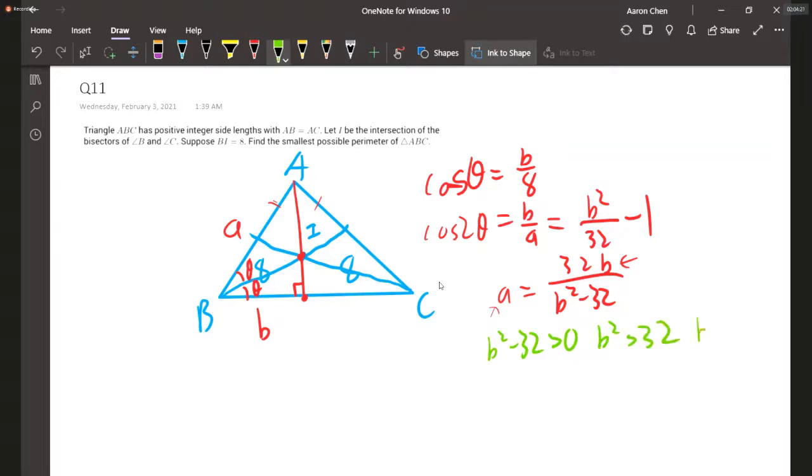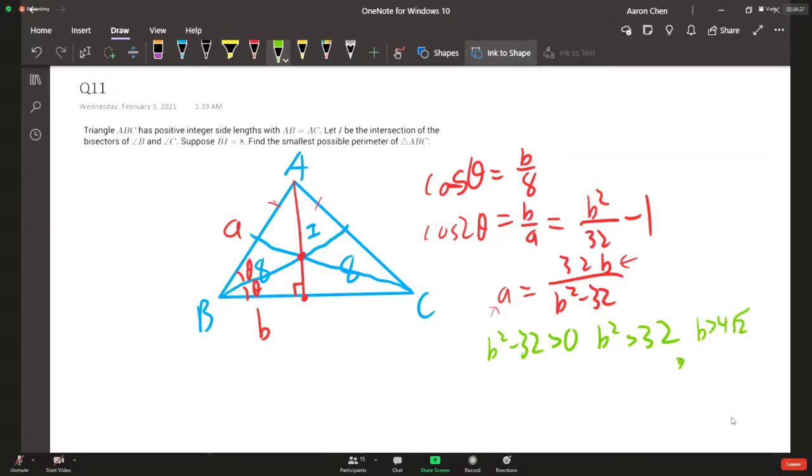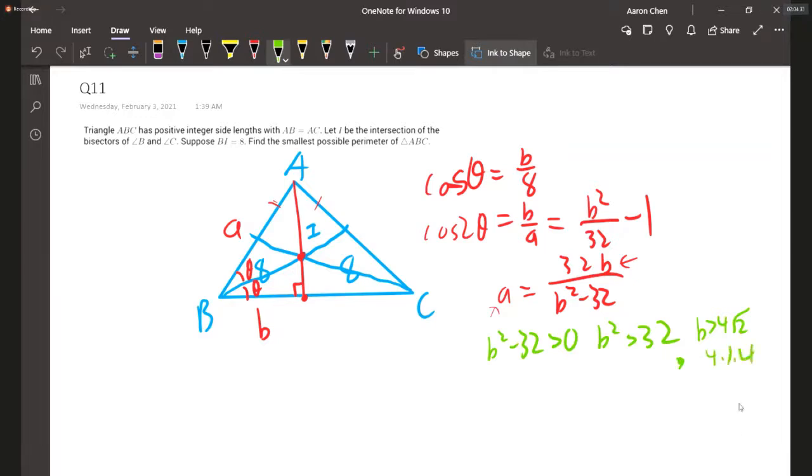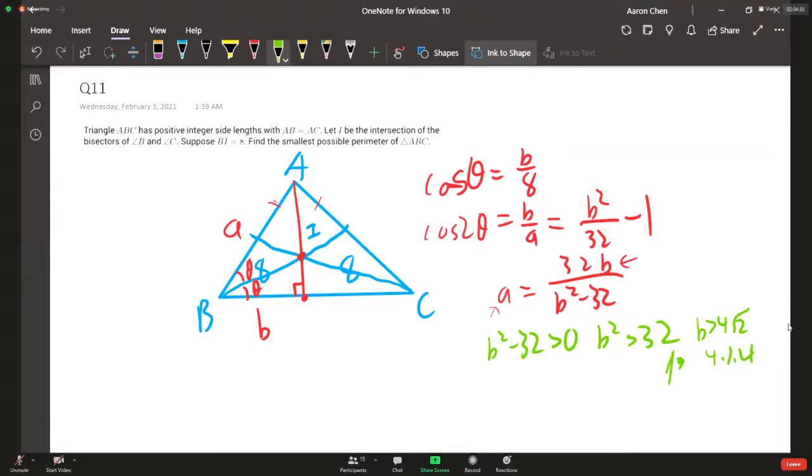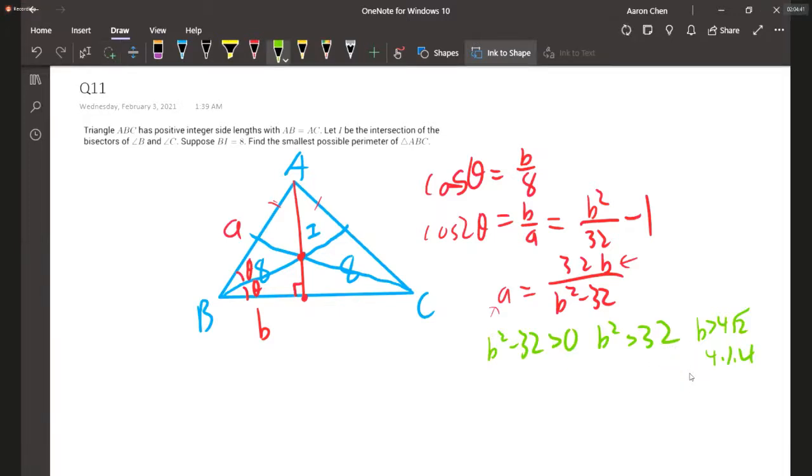And so this means that B is greater than 4 root 2, which is between 4 times 1.4 and 6. All right. And this is 5.6. And so this basically tells us that B is at least 6.